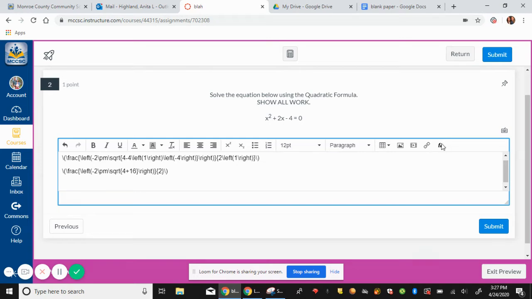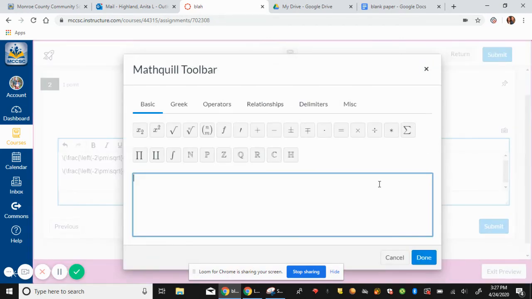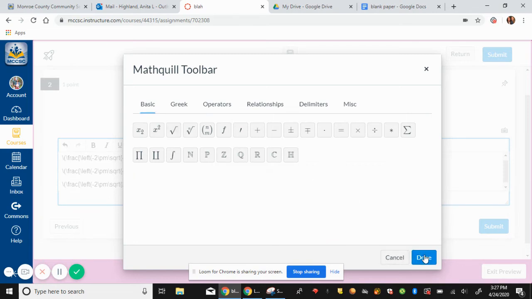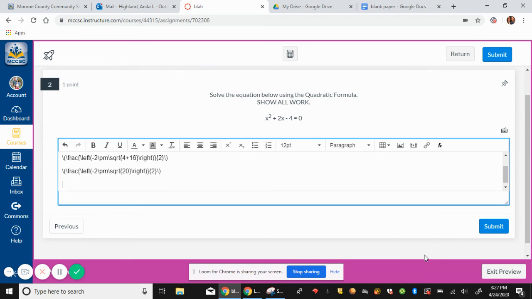Go back to Math Quill. So now I will be working on, let's simplify under that radical. So that leaves me 4 plus 16 is 20, all over 2. And at this point, the next step is going to be to break down that square root of 20.